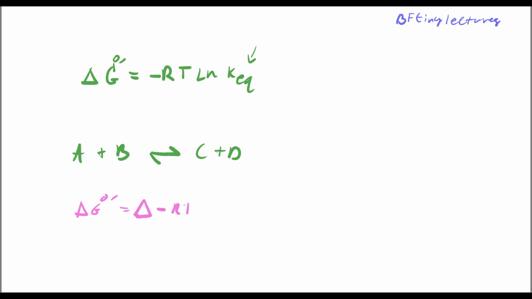Minus RT ln. Now remember what the K constant was. K constant is just products over reactants. So we can do the concentration of the products over the concentration of the reactants.